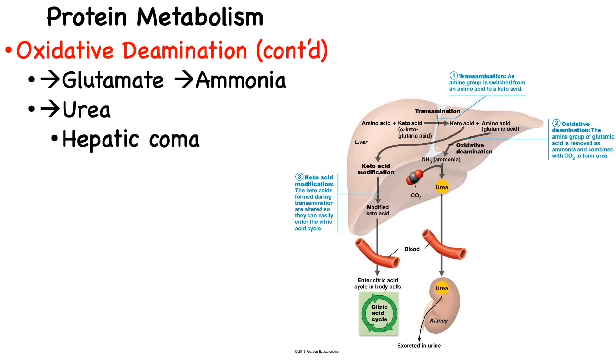The urea then will travel to the kidneys, where the kidneys will eliminate the urea from the blood. If the liver is not functioning, the ammonia will not be converted into urea by the hepatocytes, and this will lead to a hepatic coma, which will cause death within a few days.